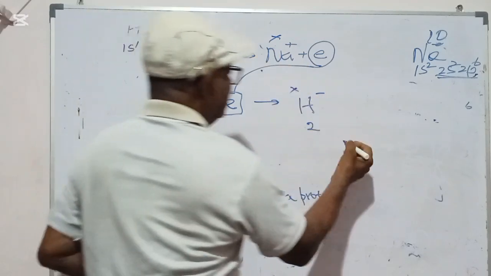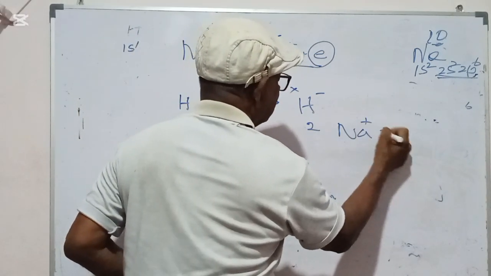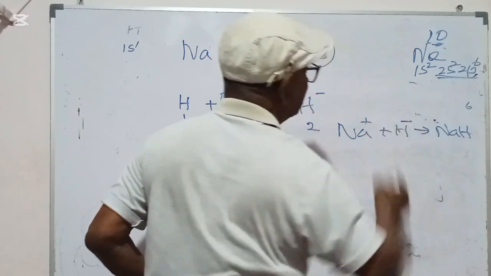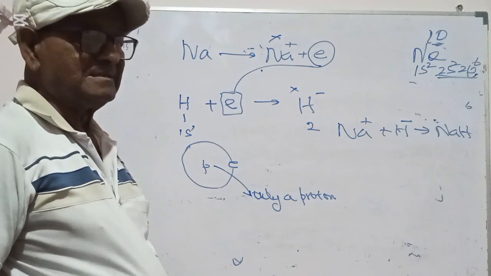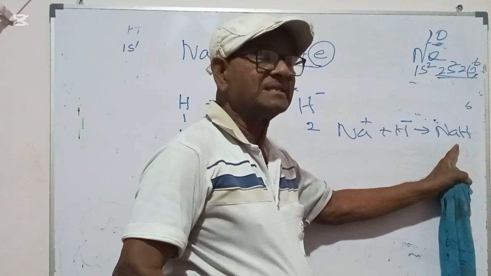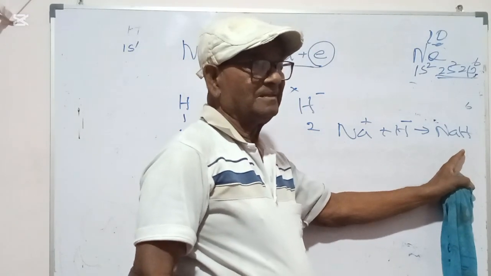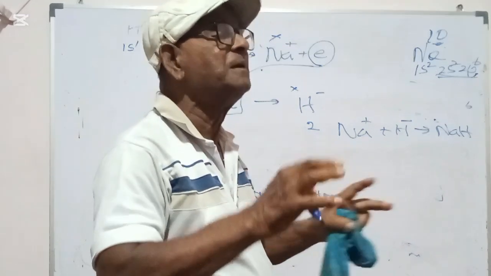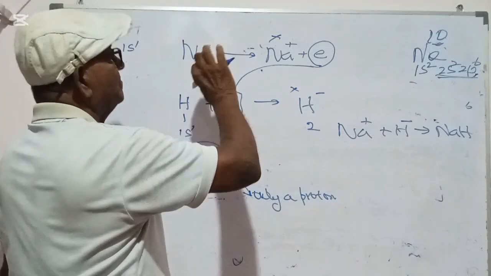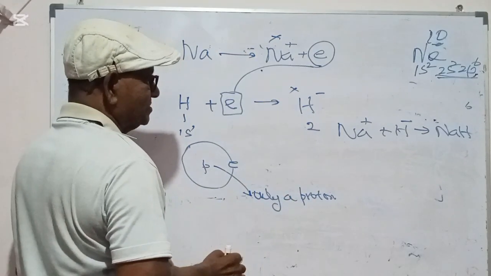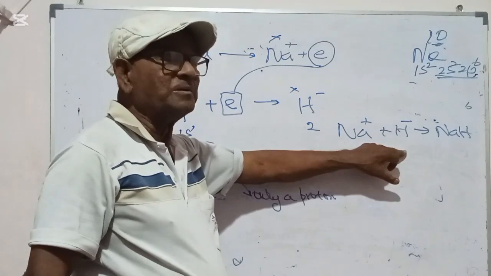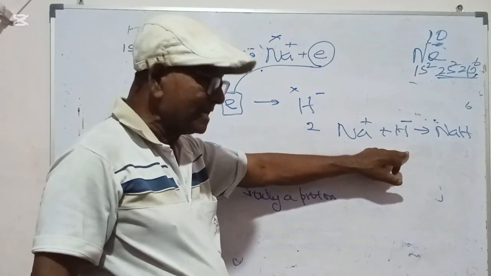They should be attracted, Na+ H-, NaH. Electrostatic attraction, so it is an ionic compound. Right? Ions form ionic compounds. Then it is one method of hydrogen becoming stable. So now you are clear that hydrogen can form ionic compounds also, taking the helium configuration.